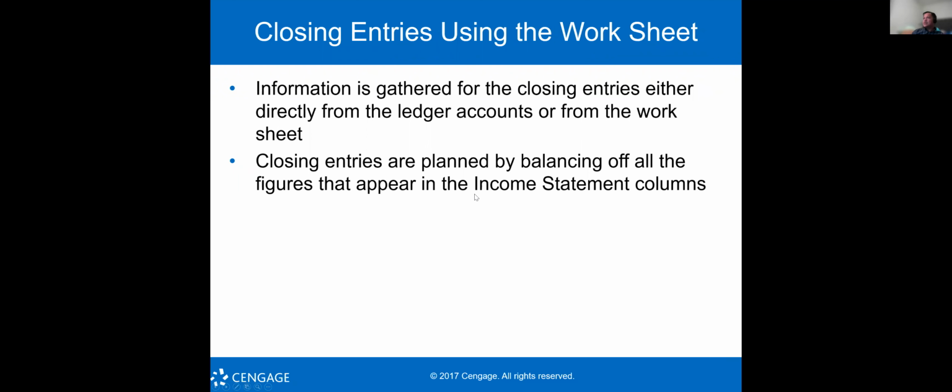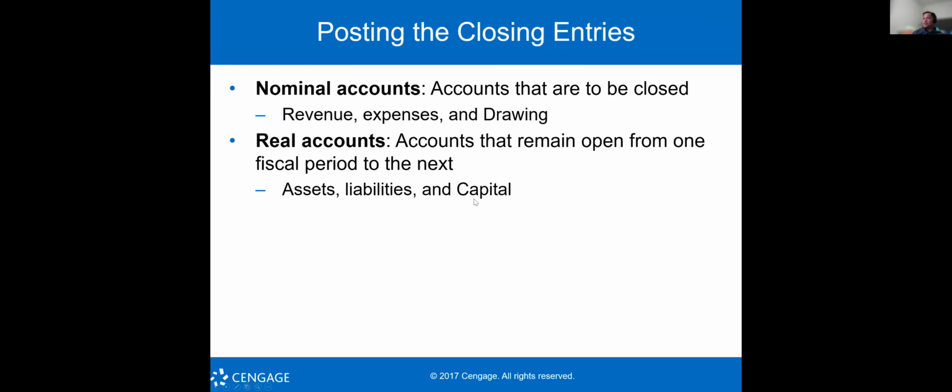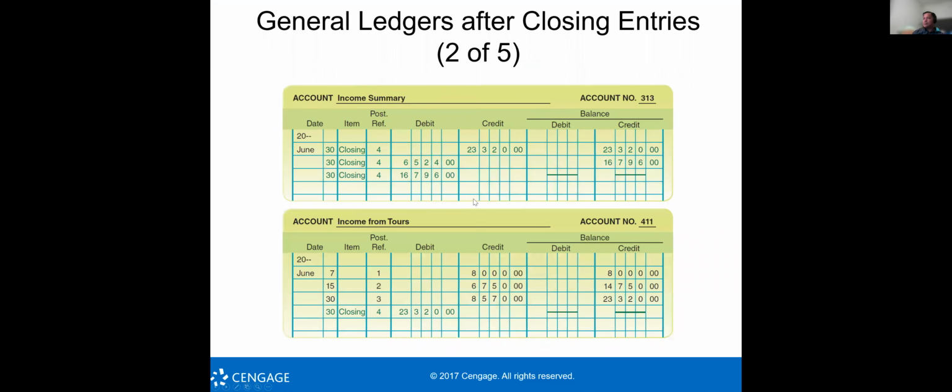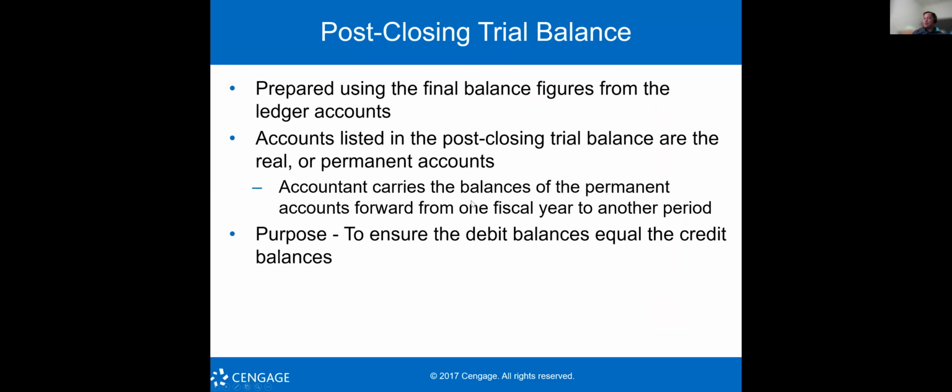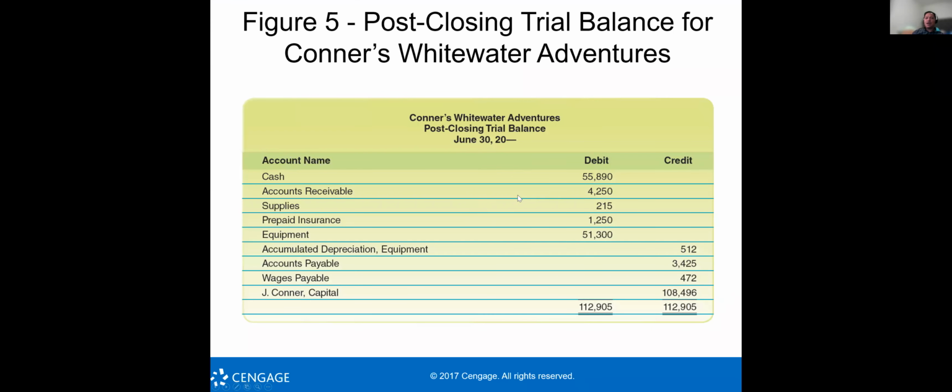Okay. So once you're done with the closing entries, you just need to post those closing entries and then prepare the post-closing trial balance. Once you post those closing entry transactions, you will see on your post-closing trial balance the remainder of what accounts are left.